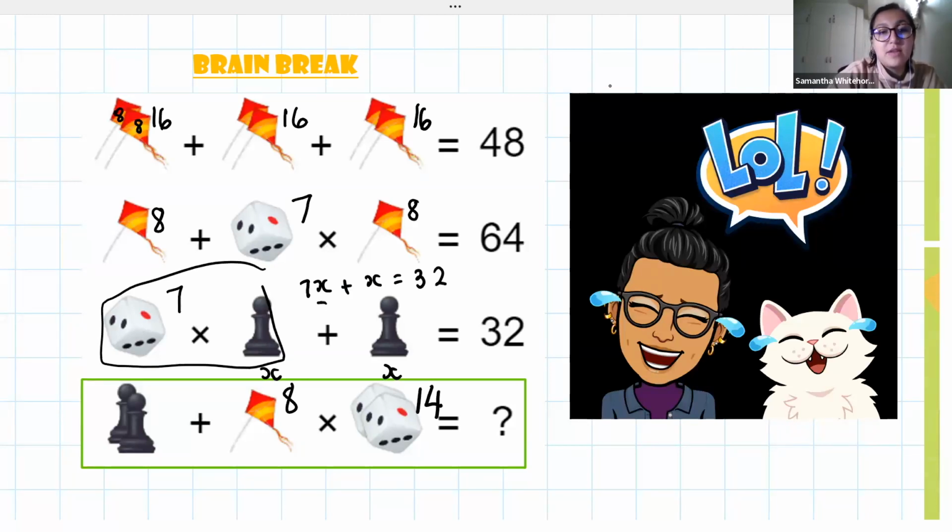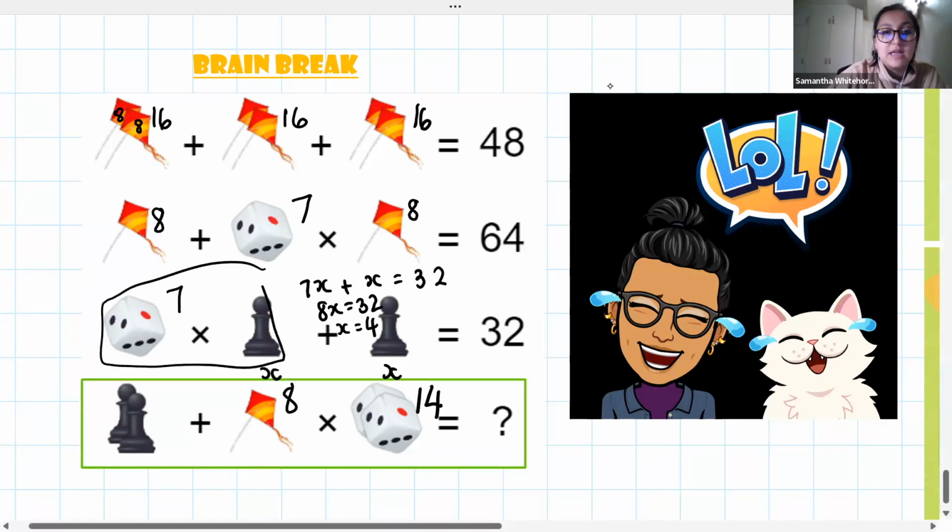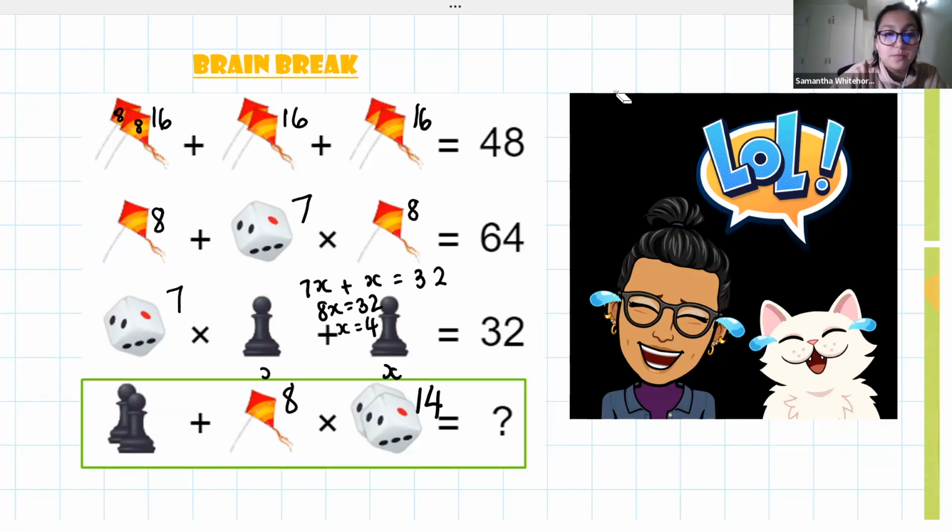And so what we have then is 8x equals 32, because 7x plus x is 8x. If we then solve for x, we would divide both sides by 8. So that gives us 4, and that means that each of these chess pieces is equal to 4.